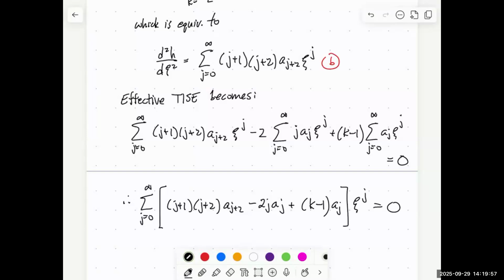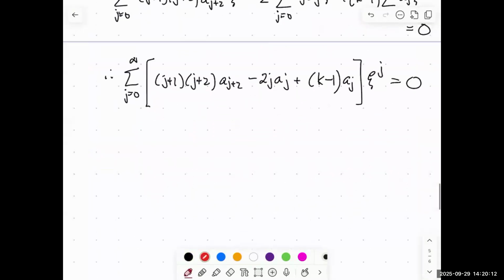Okay, so we're almost where we need to be. The only way that we're going to get this thing to sum to 0 is if everything in the brackets is 0. So for this equality to hold, we require this to be 0. What we're going to do is solve for a_{j+2}.